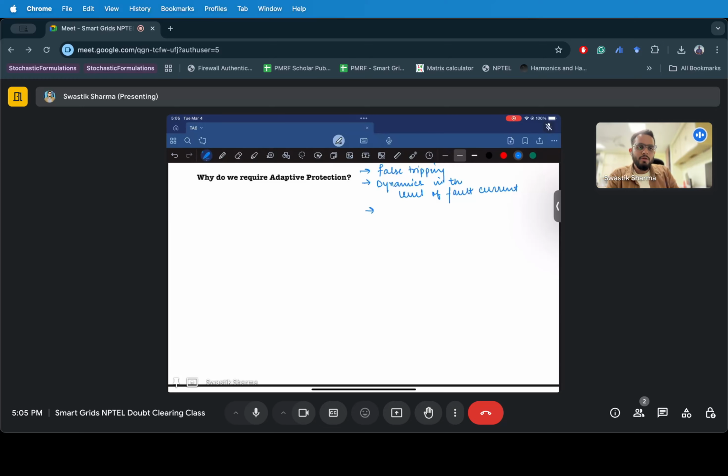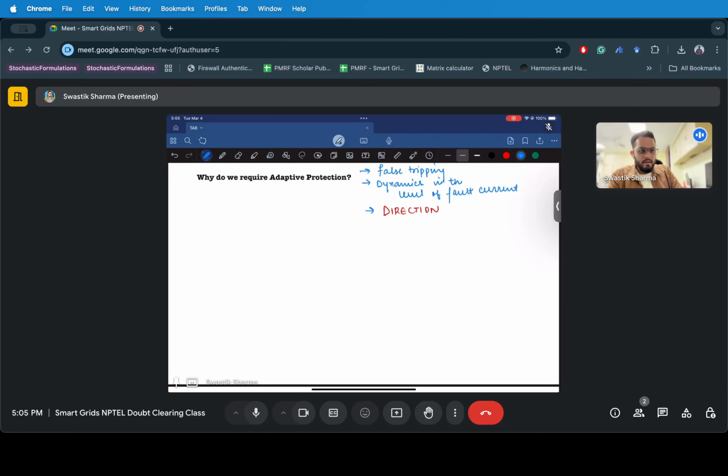And we need to figure out the direction, because there is bidirectional power flow at the distribution side now. We need to figure out the direction of the fault current, so that we can trip the associated relay and not disconnect the feeder at all. So the main thing, I'll write it in red, is direction.